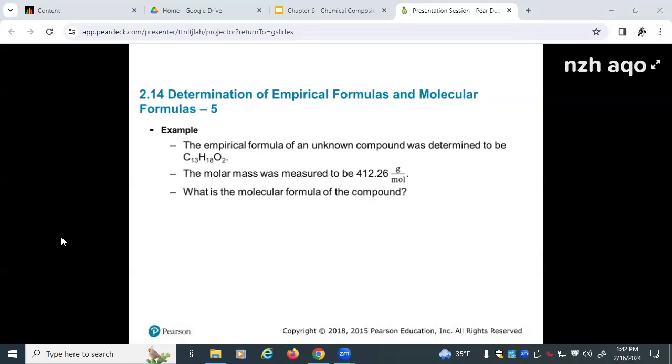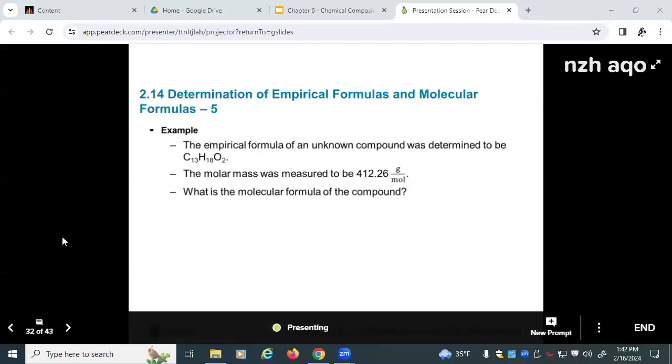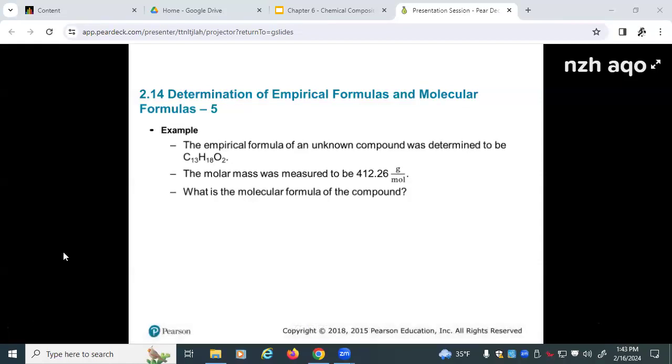Now, empirical formulas and molecular formulas are different from each other. How do I know what to do as far as a molecular formula is concerned? Well, in that particular case, we have to know something about the actual substance itself.